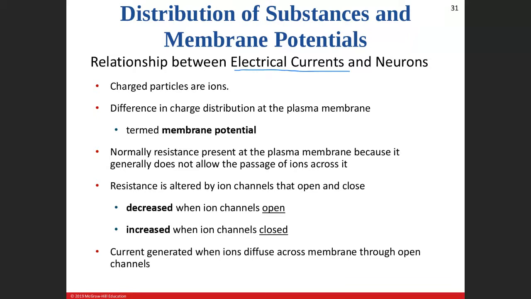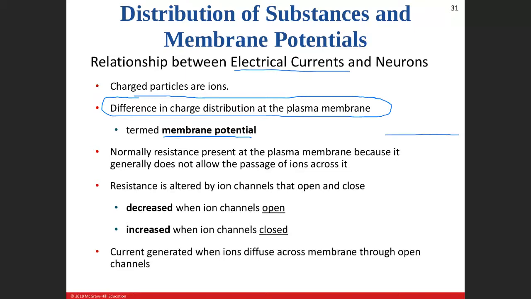So we've heard this term here, the membrane potential. You need to know this definition. I cannot stress it enough. It's going to be that difference in the charge distribution across or at the plasma membrane. If you want to make it simple, the outside of the membrane is positive and the inside of the membrane is negative.